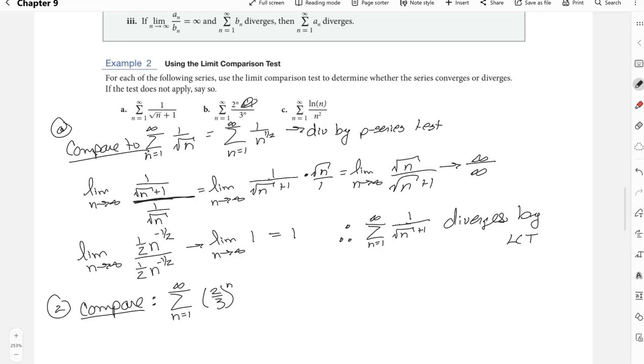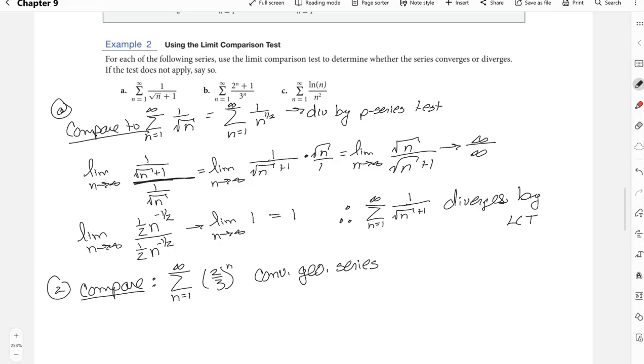If I were to get rid of that plus 1, I can compare it to 2/3 to the n. That we know is a geometric series, and that geometric series converges. Convergent geometric series.